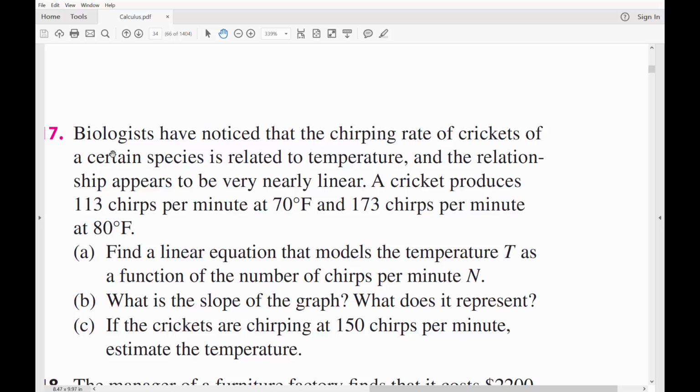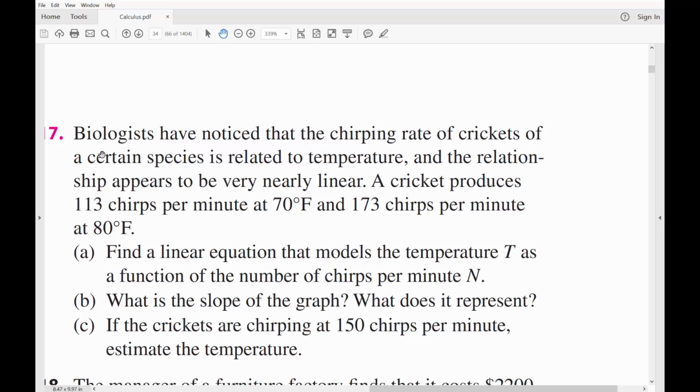So what we want to get is T as a function of n. It also wants from us the slope, and we're going to name it m. This is the second requirement. And the third one is, if n is 150, then what is the temperature? It says give me the temperature.